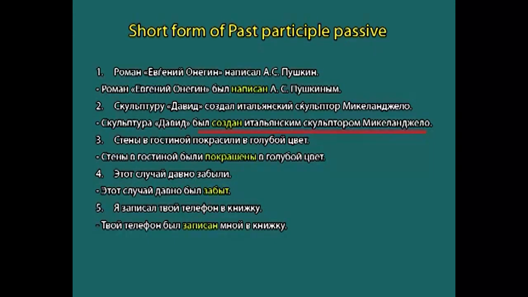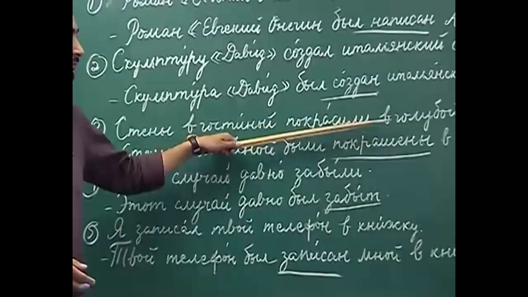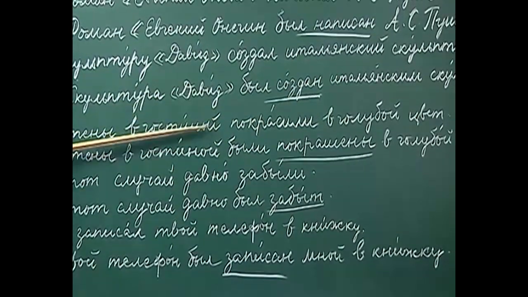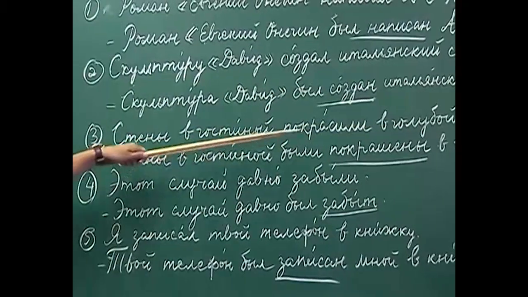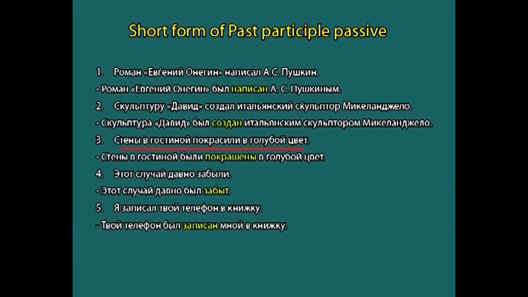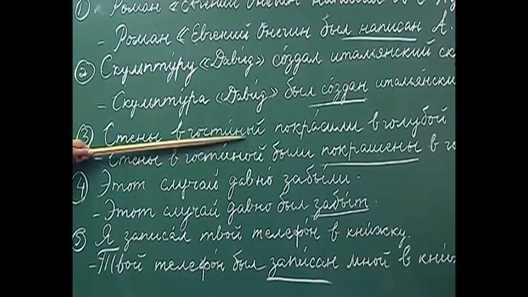The next is Stienif gastinai pakrasilif galuboi tsvit. Here this is an impersonal sentence. There is no subject mentioned here, so the verb is in the third person plural. The walls in the guest room were painted sky blue. How will you change this active construction into passive?